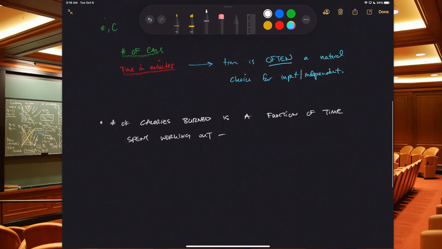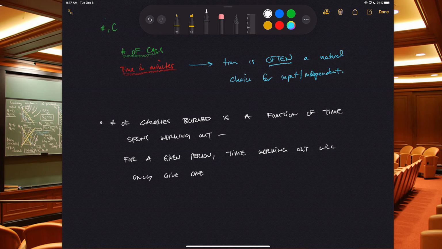Okay, so we would know that for a given person, time working out will only give one expenditure of energy in calories.